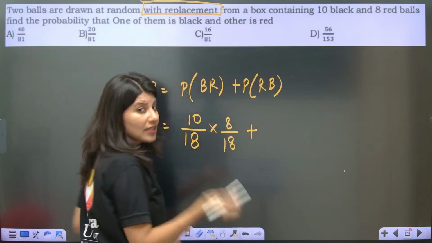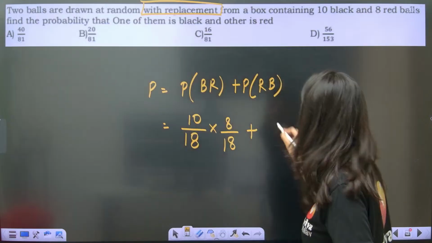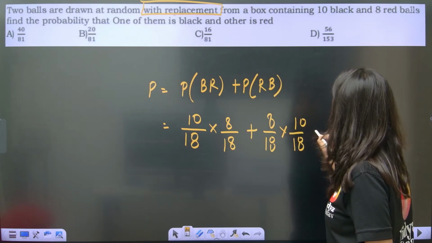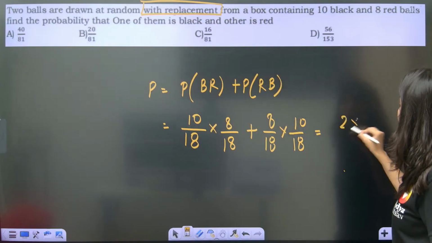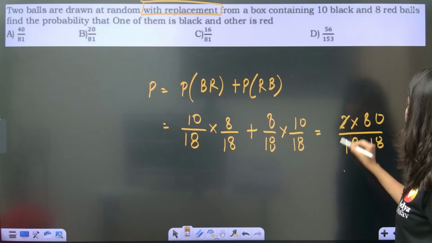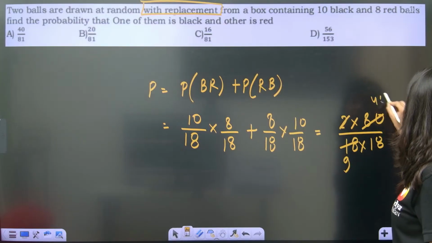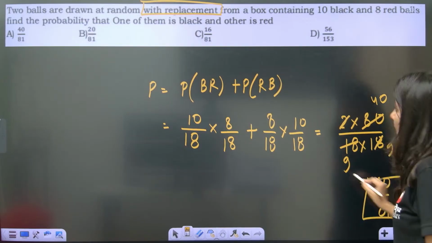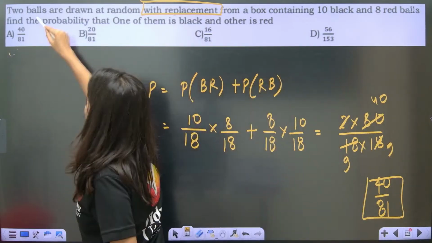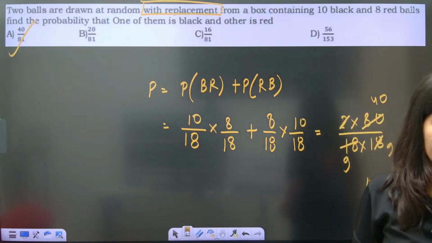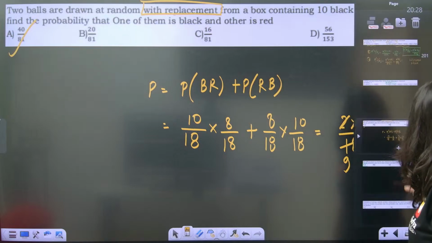Plus again, this time first time you want red ball. So 8 upon 18 into 10 upon 18. So this is going to give you 2 multiply 80 upon 18 into 18. So this is 9. This is 40. 40 upon 81 is the correct answer, which is sitting in option A.